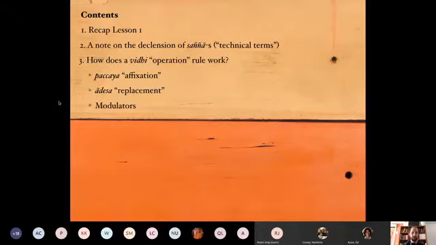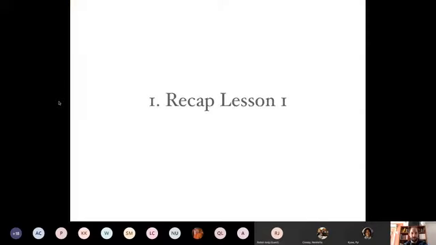And then we will also see what the modulators are, and that will be all for today. I hope it will not be too much. I think today's lecture is a little shorter than last time, but definitely more technical. So please bear with me. Hopefully after today's session, things will go downhill. If you understand this session, the rest will be, I hope, pretty clear.